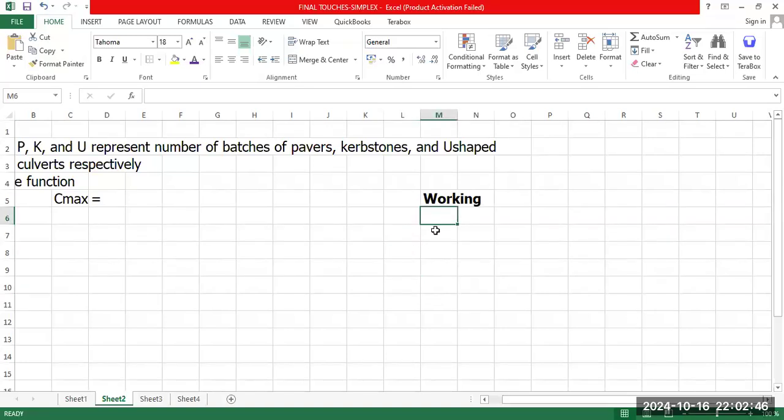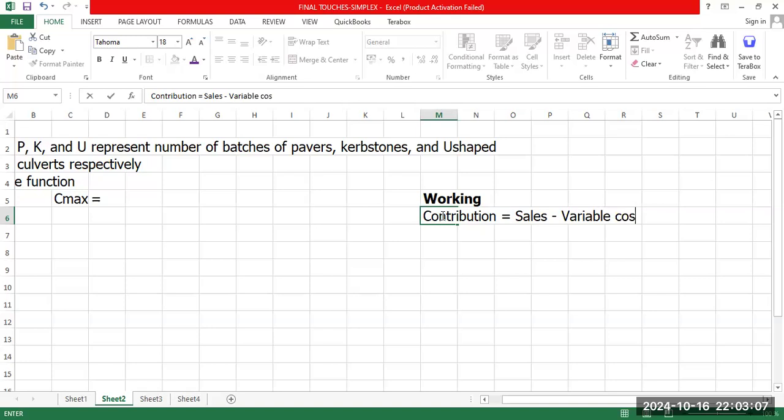How do you get contribution, colleagues? You know contribution is equal to sales minus variable costs.